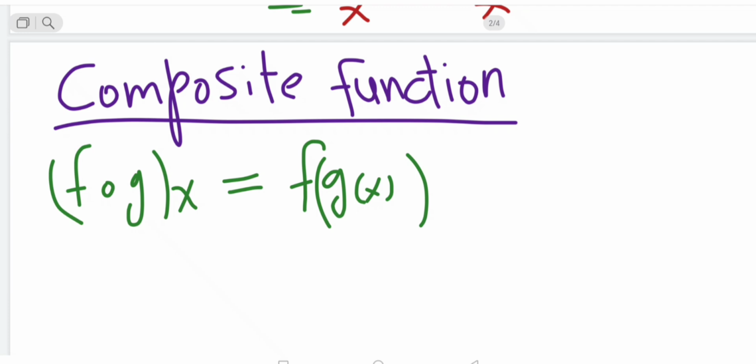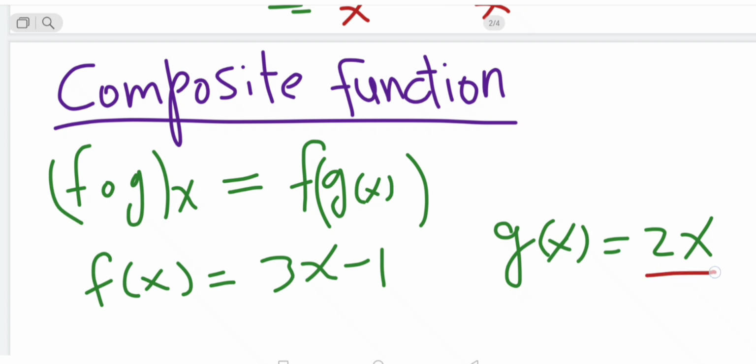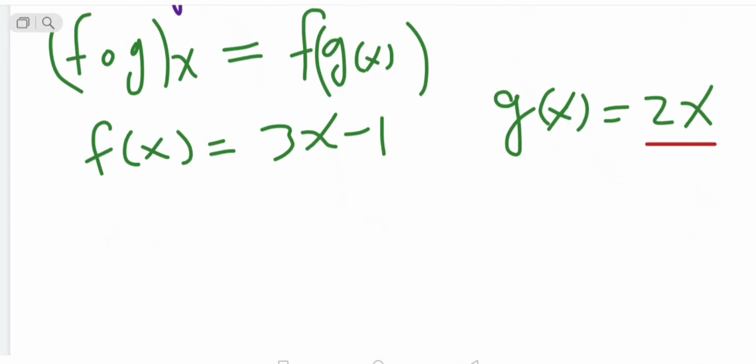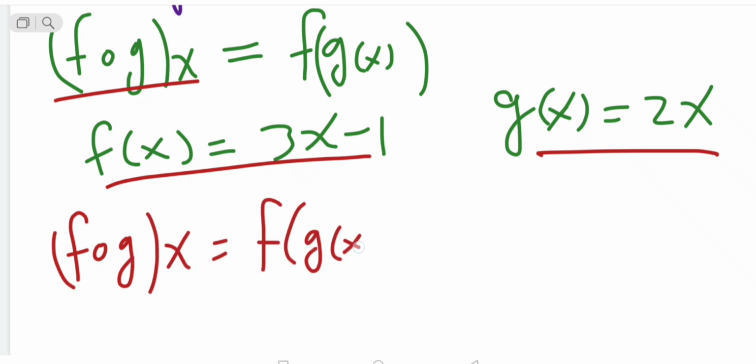For example, f of x equals 3x minus 1, g of x equals 2x. Okay, these are the functions. So as I told you, composite is where the output of one function, for example g's output, is the input of the other function, as it is written here. They ask you to find f o g of x, which means f of g of x.